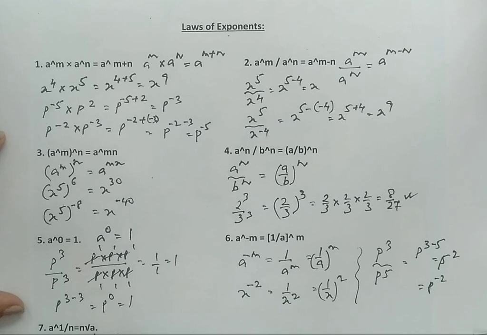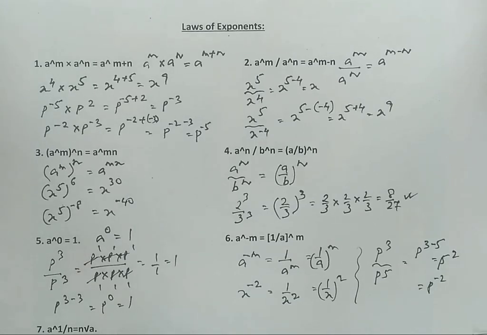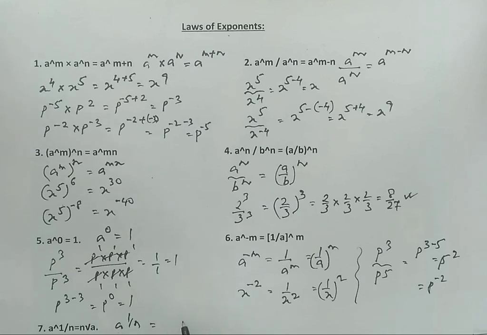Last one, but not the least, this is also very important. And how do you go about it? Let me explain you. Now, as you can see, we have a to the power 1 by, say, n in this case. This means what? If I have to unfold this, it means a to the power nth root, remember.